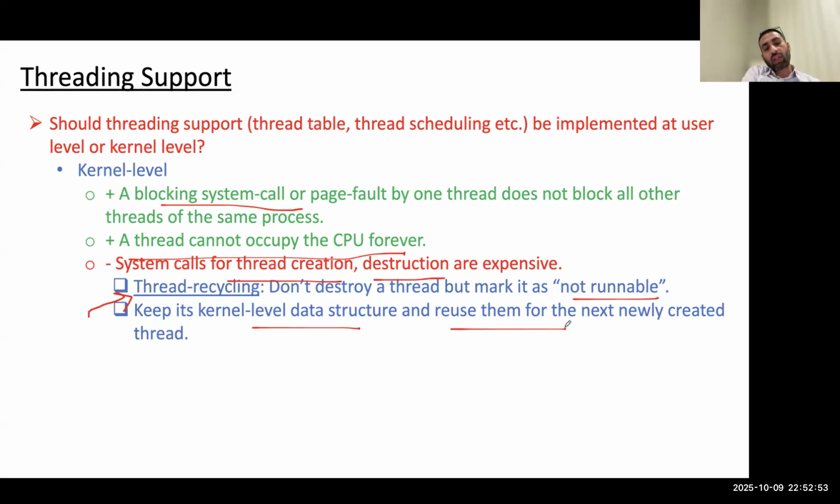In future, when there is a request to create another thread two, you reuse that thread entry in the thread table, and you also reuse those kernel level data structures instead of initializing and preparing them from scratch. So it saves some time.